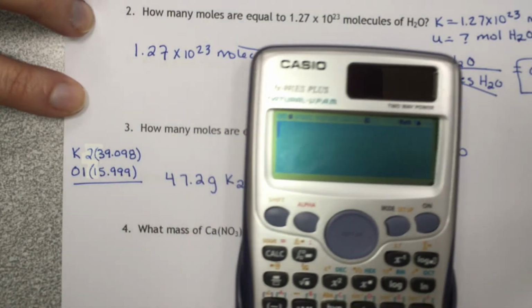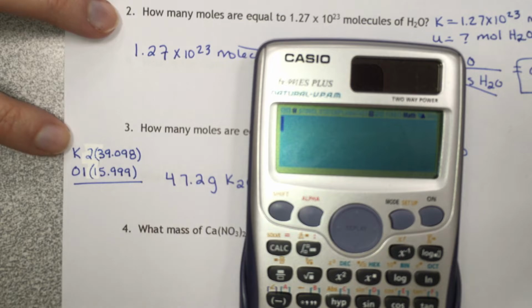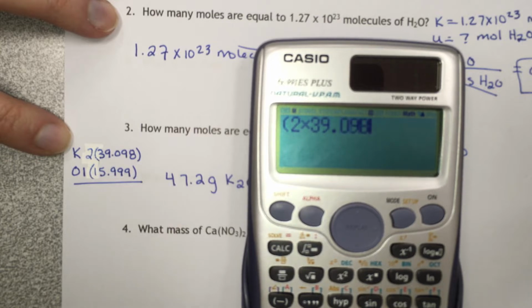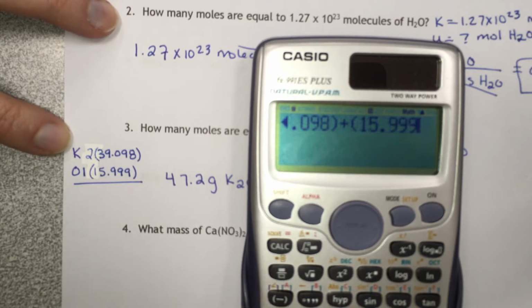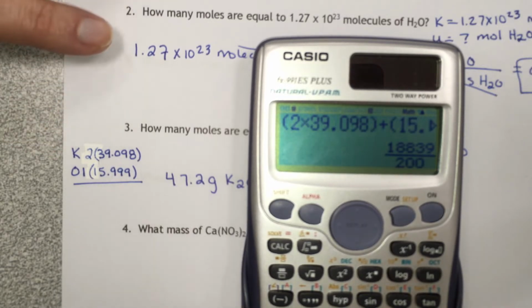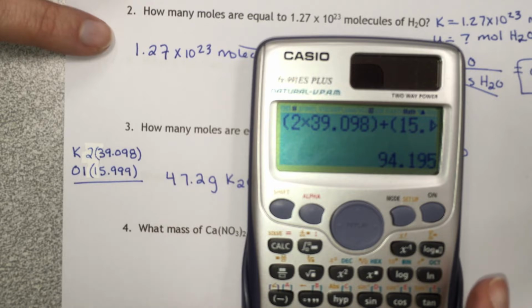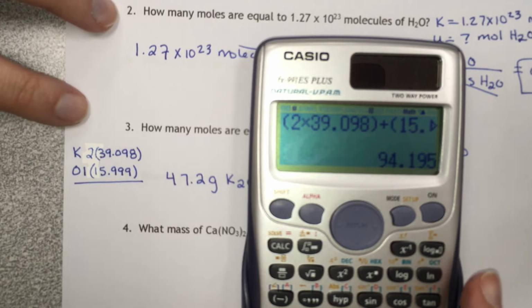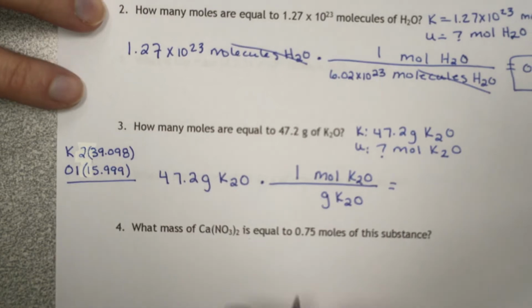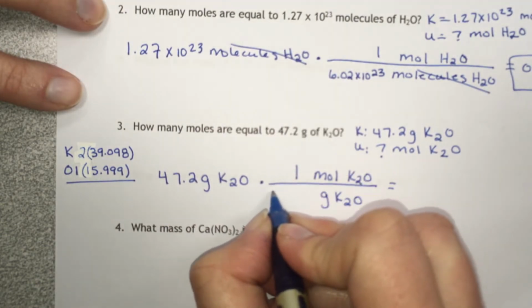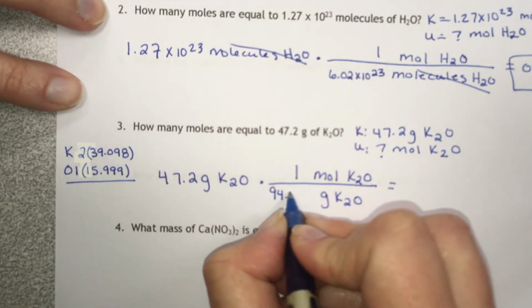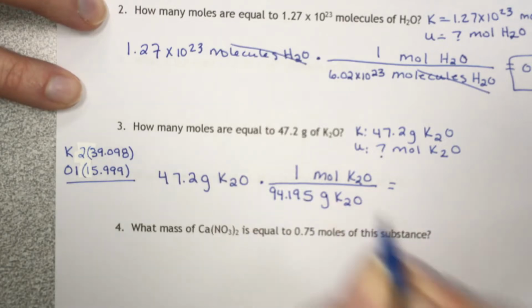So on my calculator, we'll do parentheses 2 times 39.098 plus 15.999. I did not need the parentheses, but 94.195, and we're going to keep it that way. So 94.195 grams.